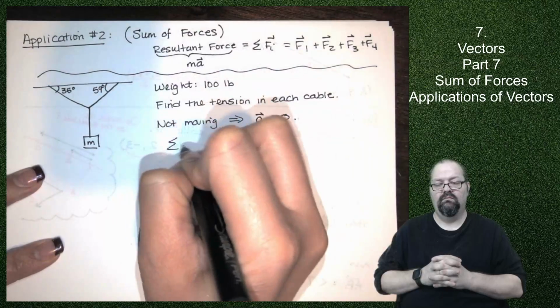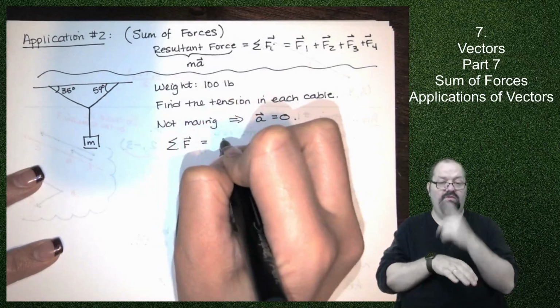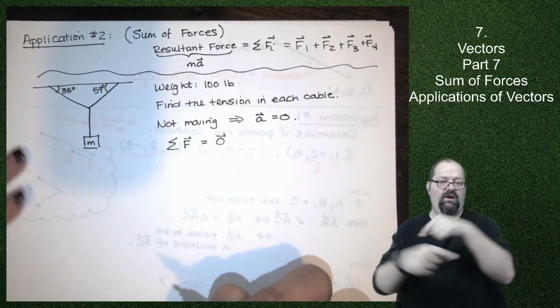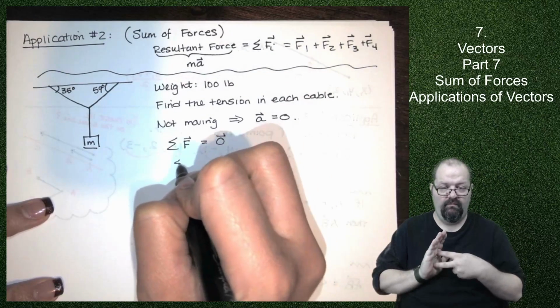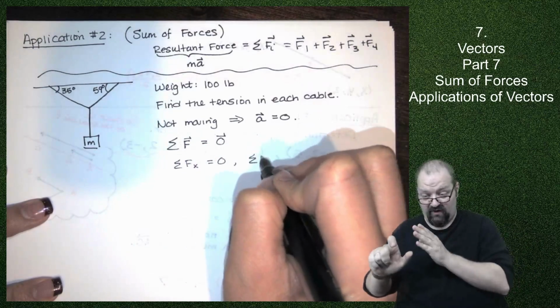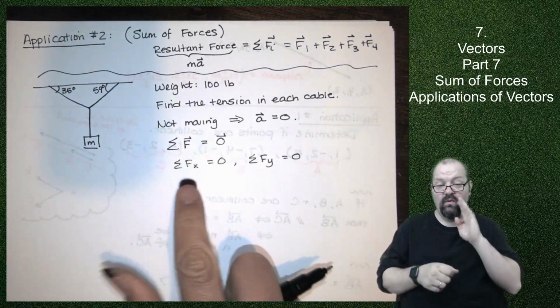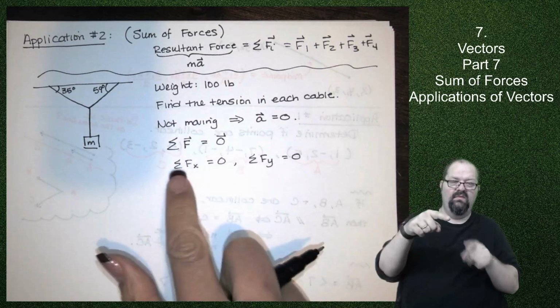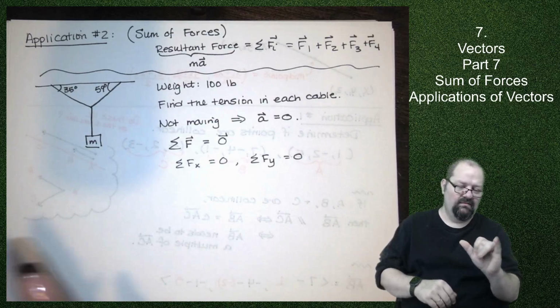So I need the sum of forces in all of the directions. I need that to be the 0 vector, which means the sum of the forces in the x direction has to be 0, and the sum of the forces in the y direction has to be 0. Now we're using these subscripts to indicate direction. We're not using them to indicate other things like the components or anything like that.